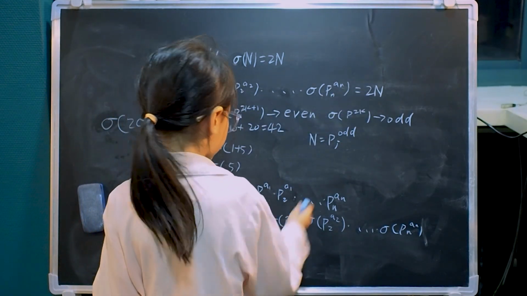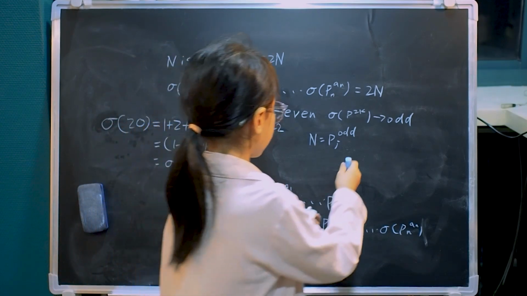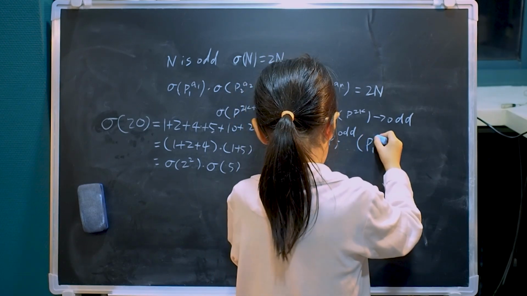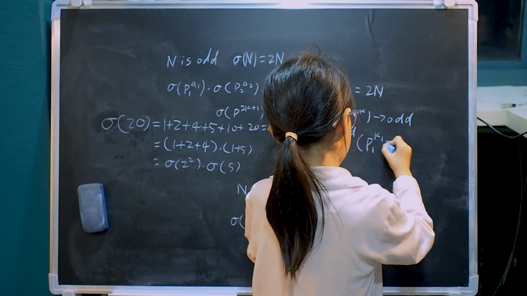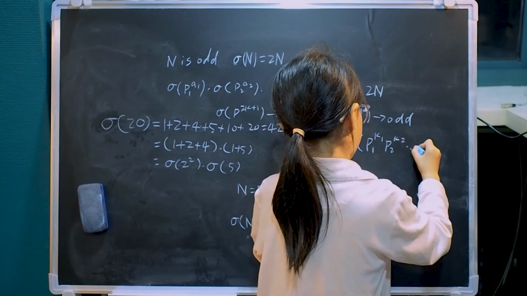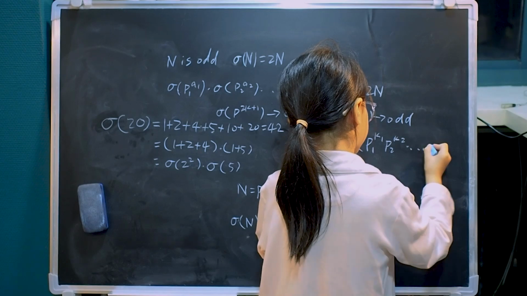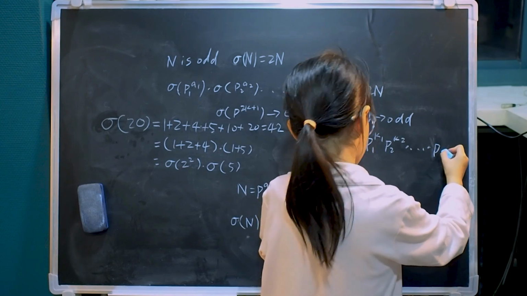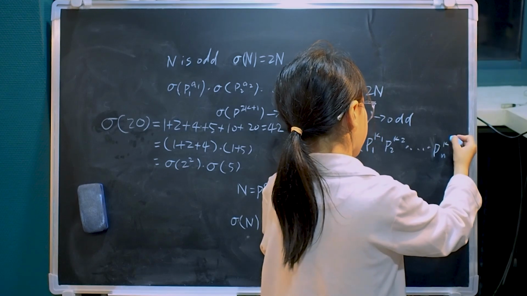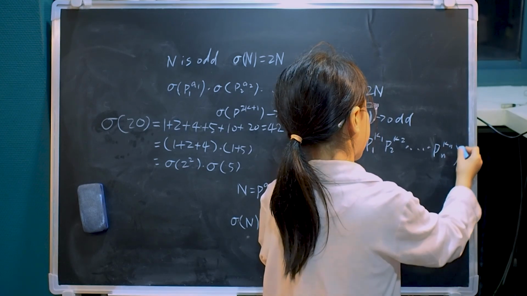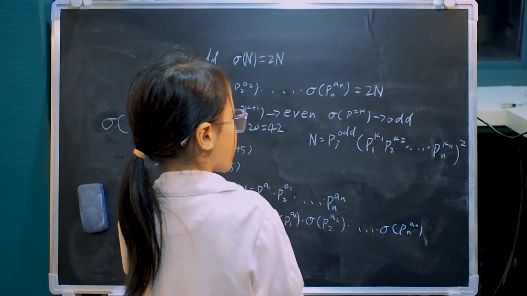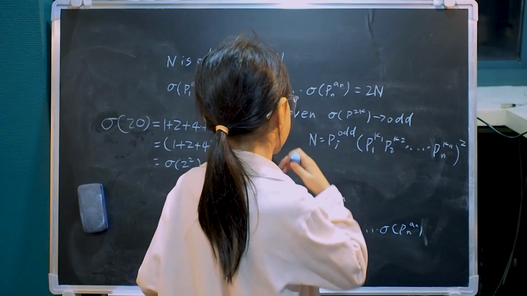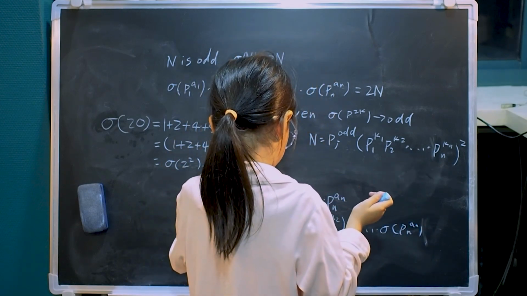So that means we can change n to Pj to the odd power, times the bracket P1 to the K1 times P2 to the K2 times ... times Pn to the Kn, bracket squared. And in this part we can set it to another thing, maybe m.